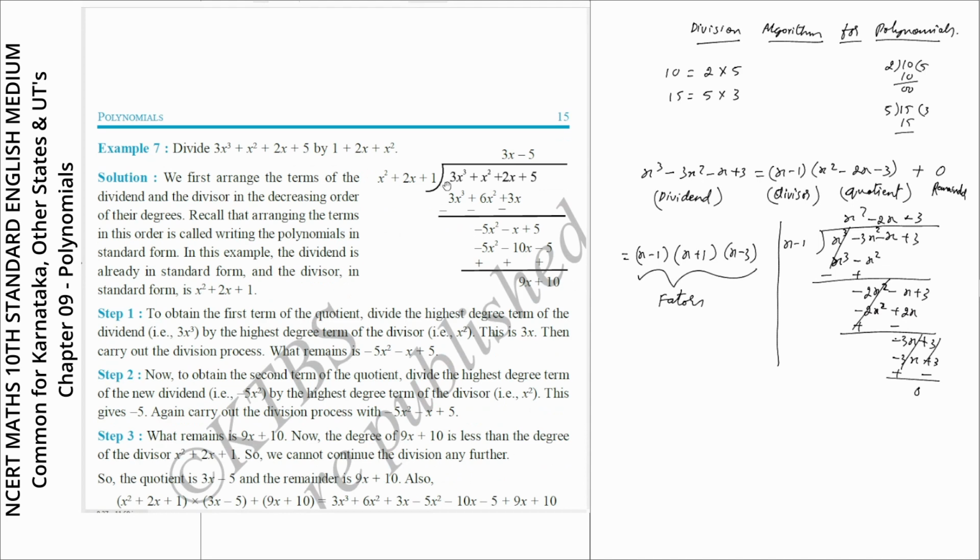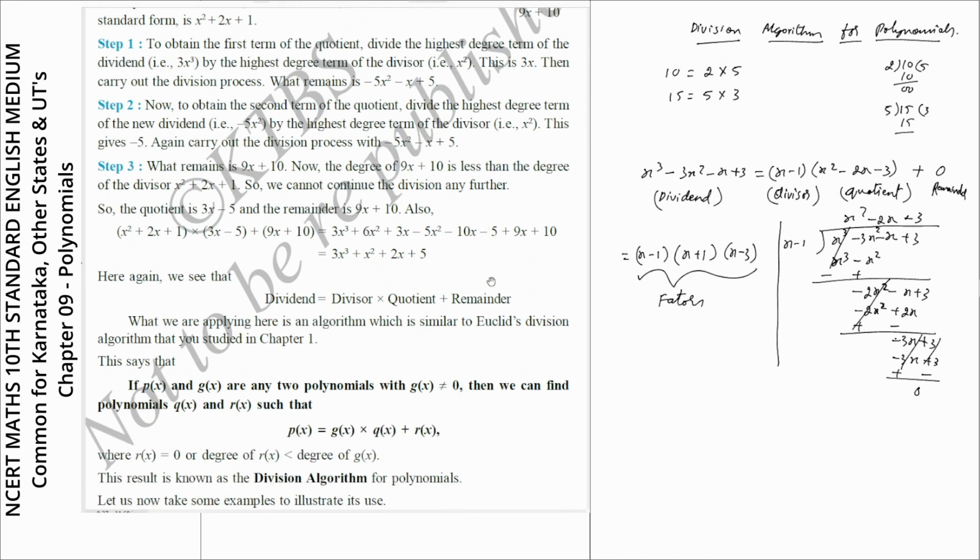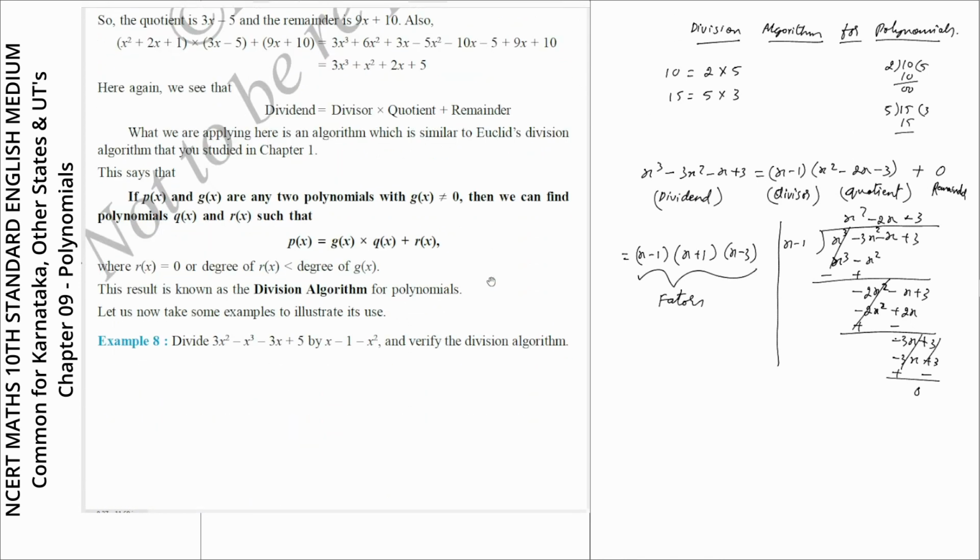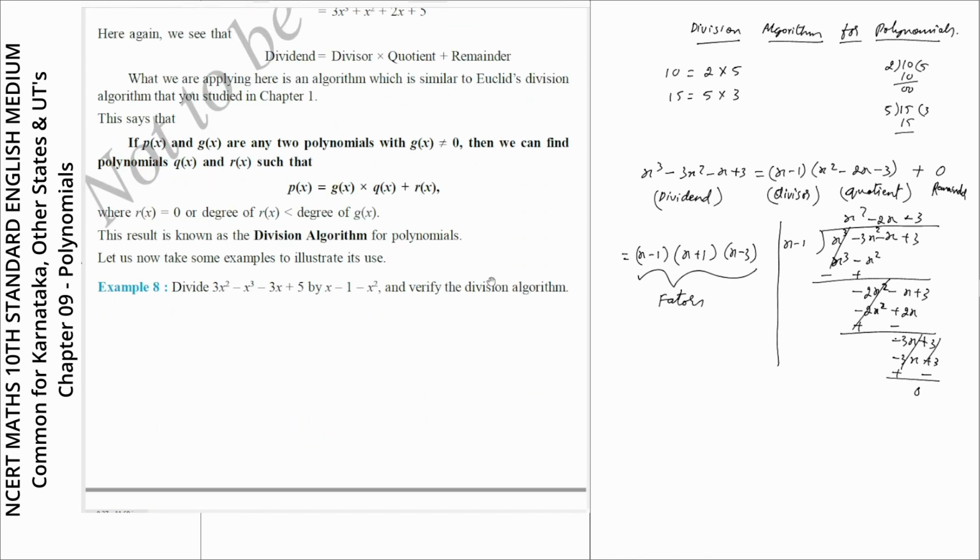There's another example here. Divide 3x square plus x square plus 2x plus 5 by 1 plus 2x plus x square. So read the procedure, and here you can see the division algorithm for polynomials.